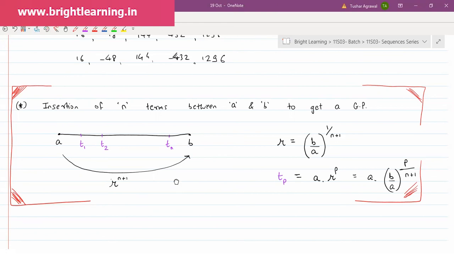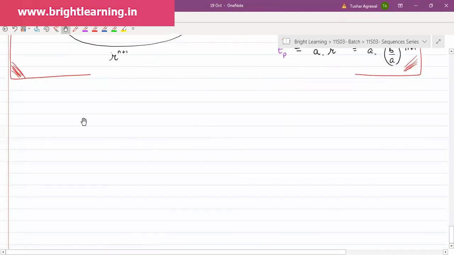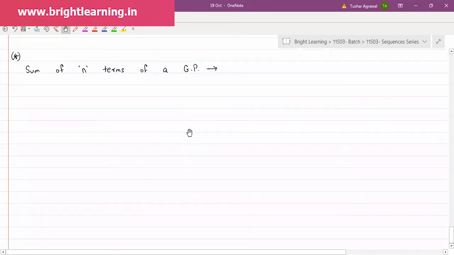Now the next part is the sum of n terms of a geometric progression. So what is my geometric progression? a1, a2.